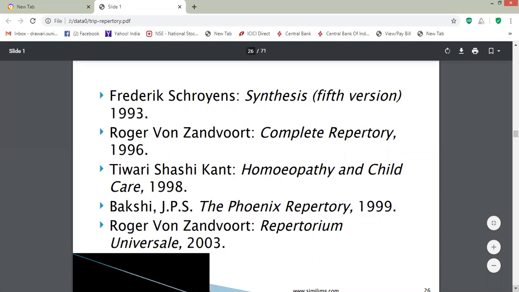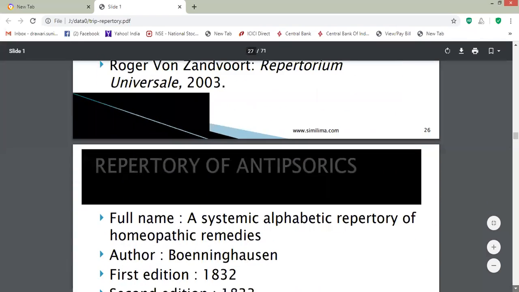Shashikant Tiwari's Homeopathy and Childcare was published in 1998. J.P.S. Bakshi's Phonetic Repertory was published in 1919. Roger van Zandvoort's Repertorium Universale was published in 2003.